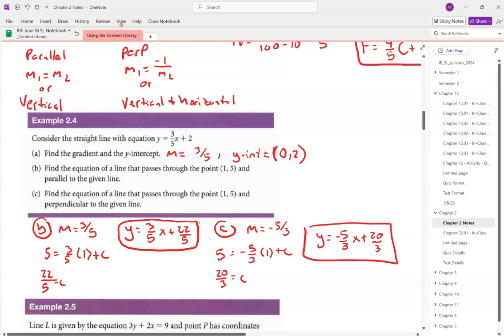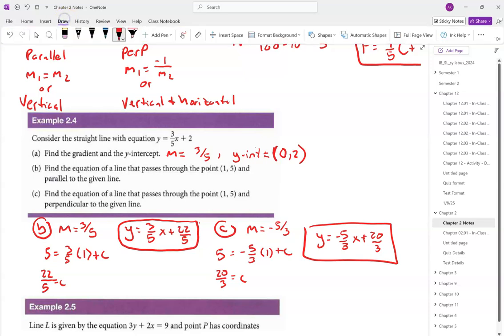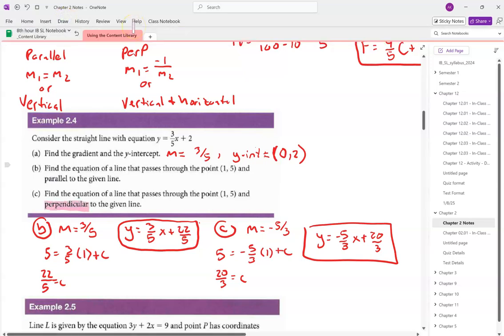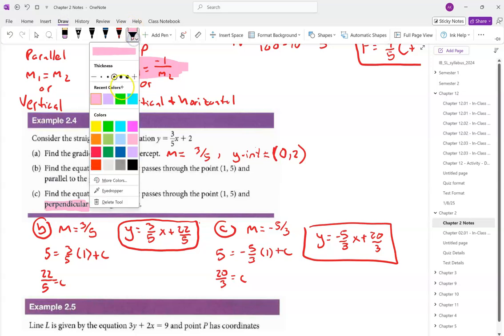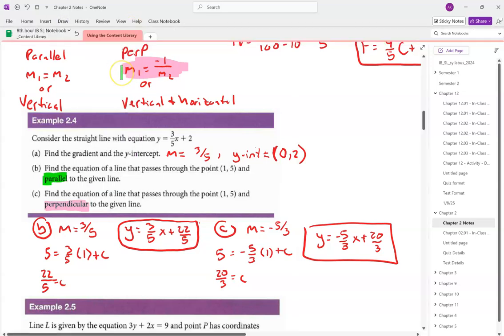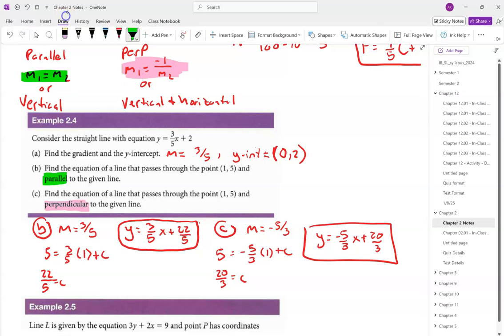Notice that I'm making common denominators and doing all that stuff. Perpendicular, negative reciprocal. Cool? Parallel, equal. It's all right.